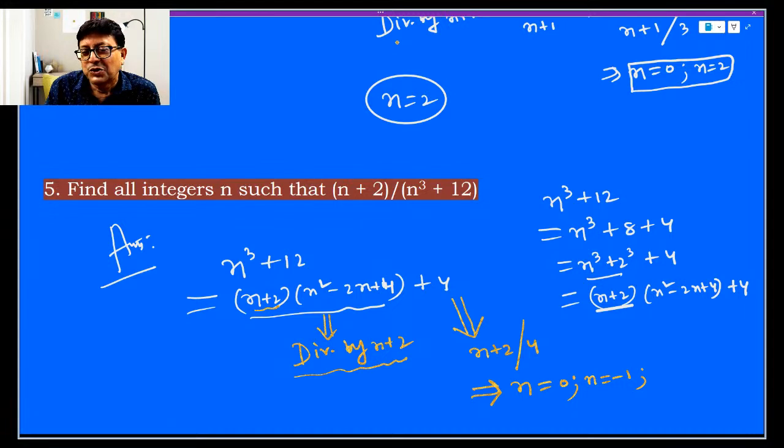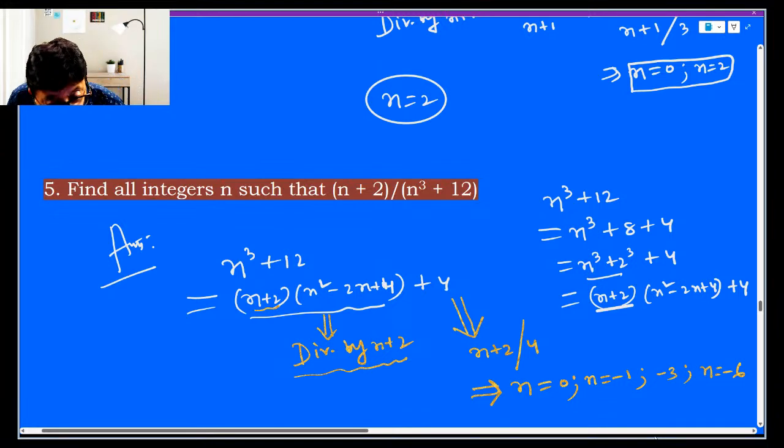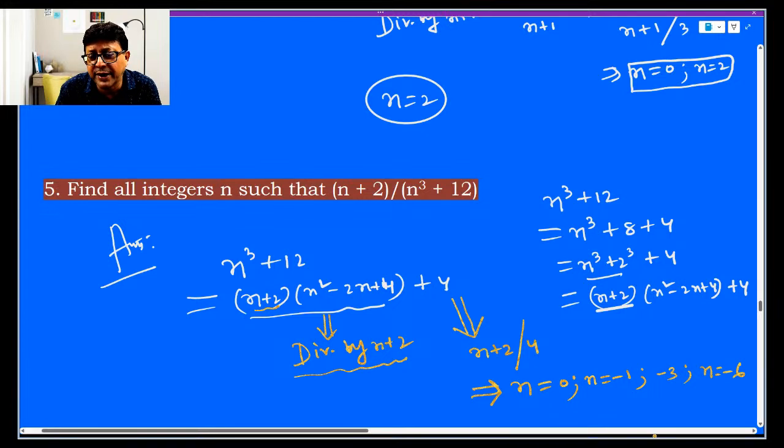Okay. So take n equal to minus 3. For n equal to minus 3, n plus 2 is what? Minus 1. Minus 1 divides 4. Then is there any negative value? You take n equal to minus 6. Minus 6 plus 2 is minus 4. 4 divides 4. Similarly, you take n equal to positive value 2. 2 plus 2 is 4.